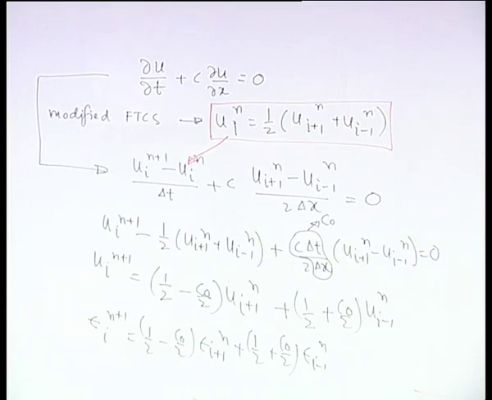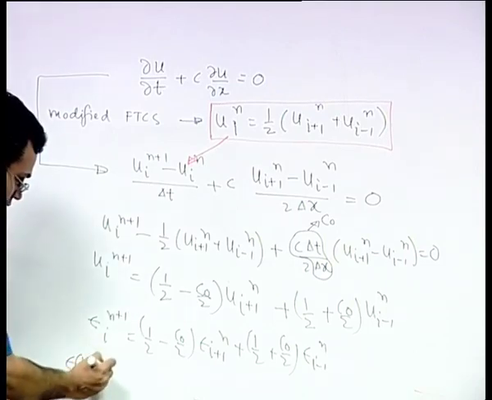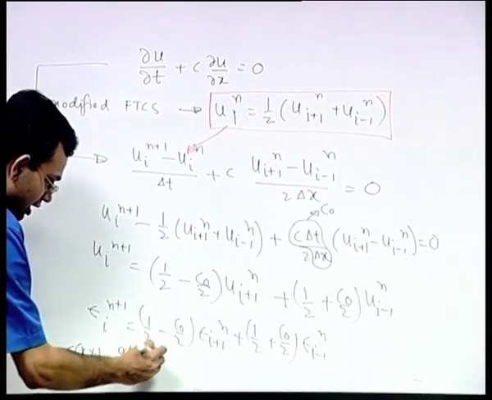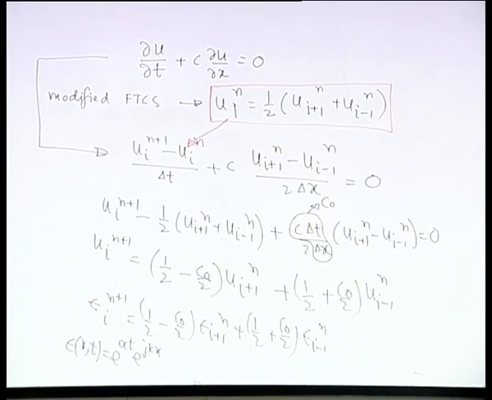Next, what we will do? We will substitute epsilon(x,t) is equal to e to the power alpha t into e to the power j k x, where j is square root of minus 1.